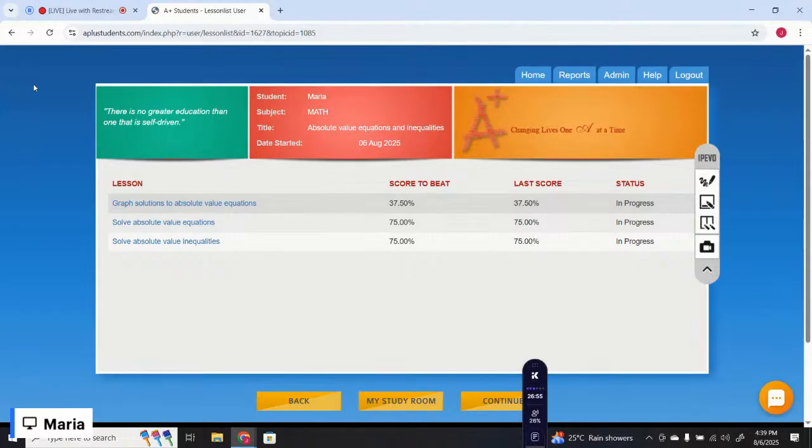The lessons we have covered today are graph solutions to absolute value equations, solve absolute value equations, and solve absolute value inequalities. So please make sure before the next session you complete all the practice questions for the lessons we just did. That is your homework.